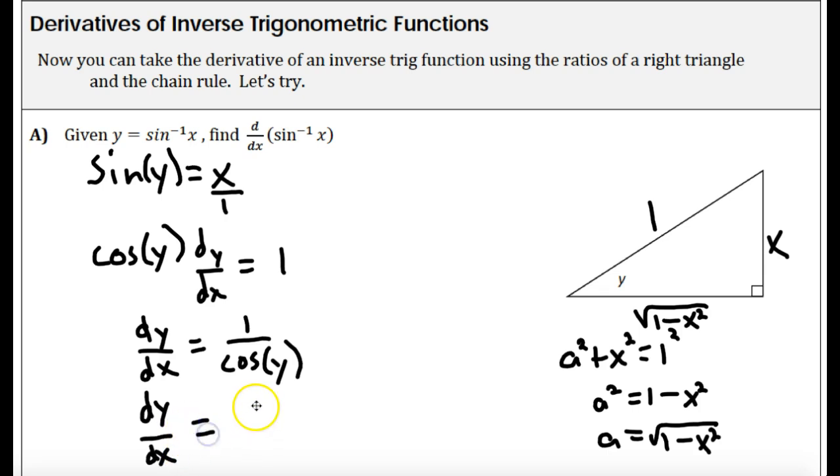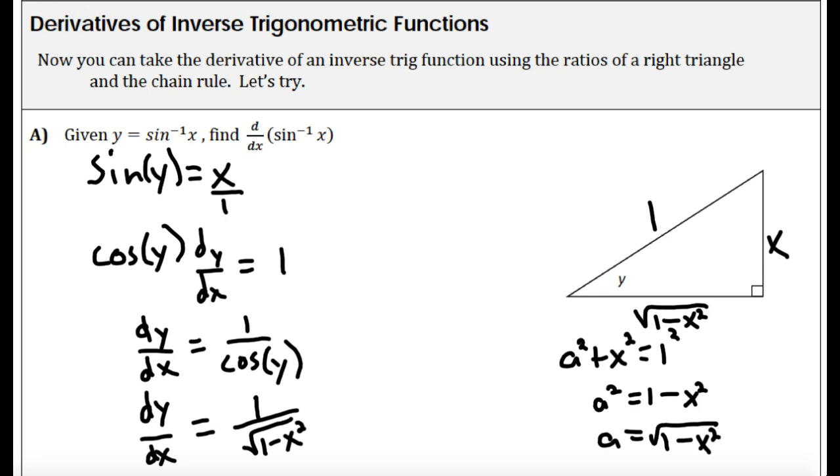The derivative is equal to 1 over the cosine of y, which is 1 over the square root of 1 minus x squared. All right. So this is the derivative of the inverse of sine. Now, we'll have a list here in a second of all of our inverse trig derivatives that we're going to memorize, but this is just our derivation.